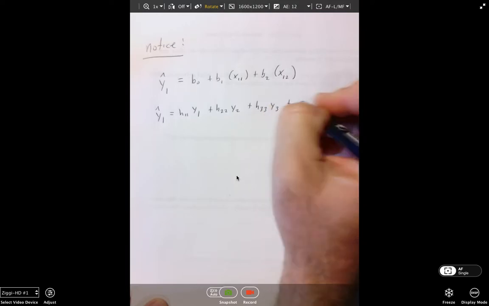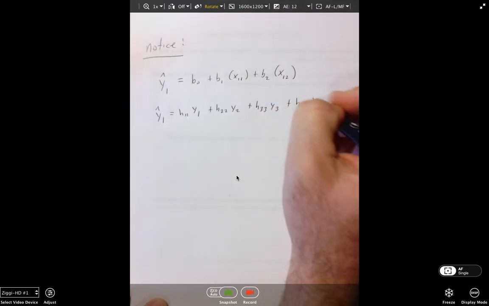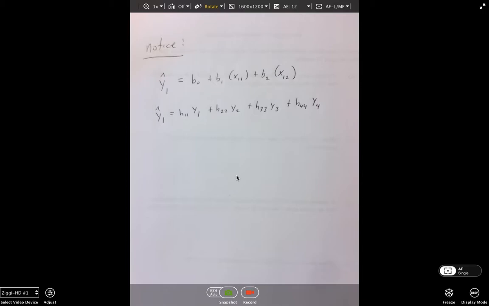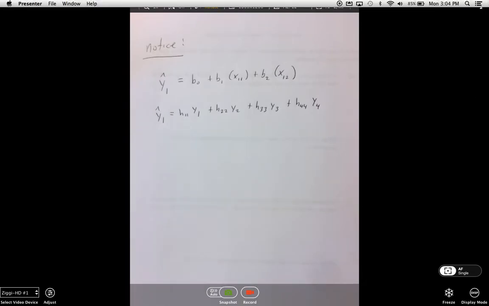I'll tell you what, subscripts really keep me on my toes. Those are going to be the same values.